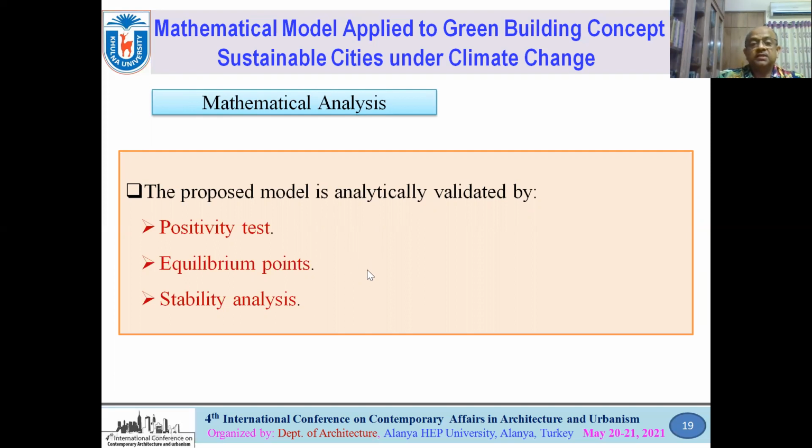Then the analytical results have been verified using numerical simulation, and the simulation parameters have been taken from recent updated data from different international organizations, even the World Economic Forum. We can take the data and calculate these parameters for the numerical simulation.